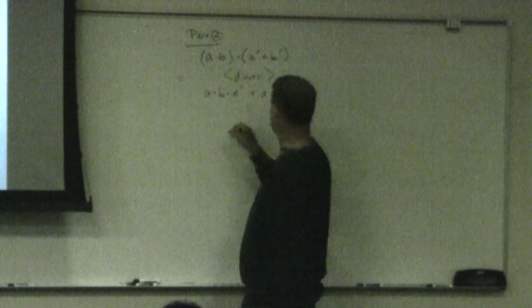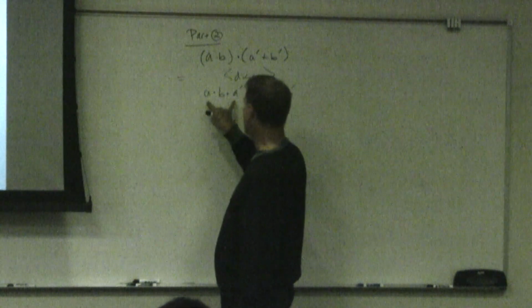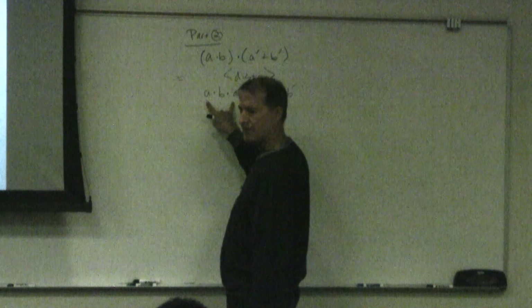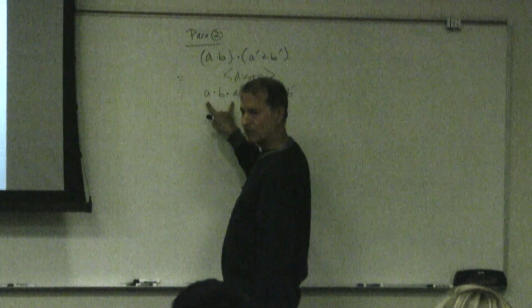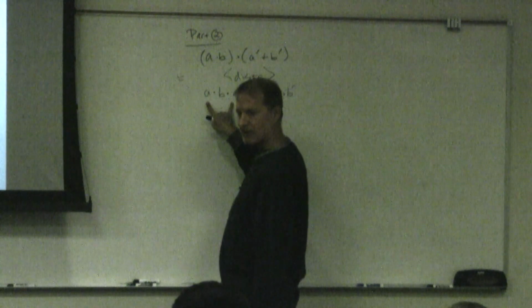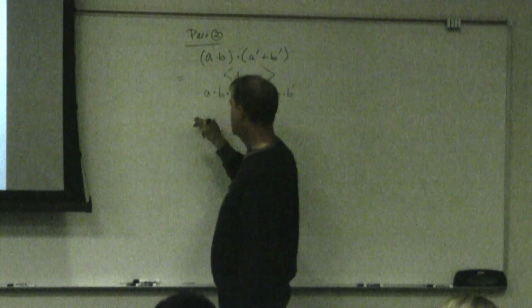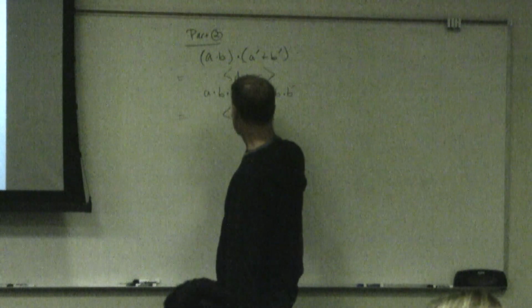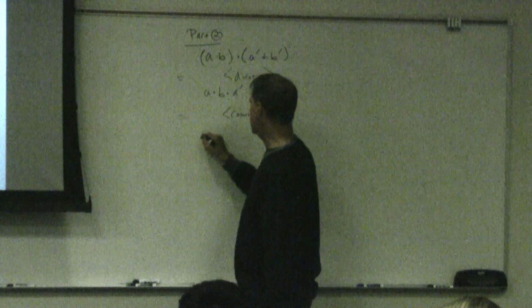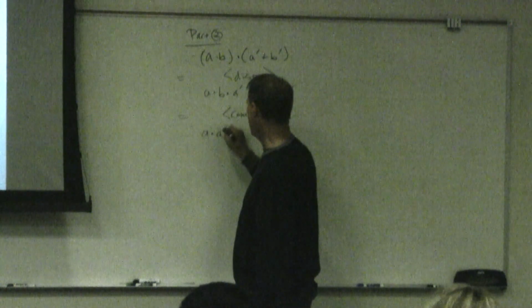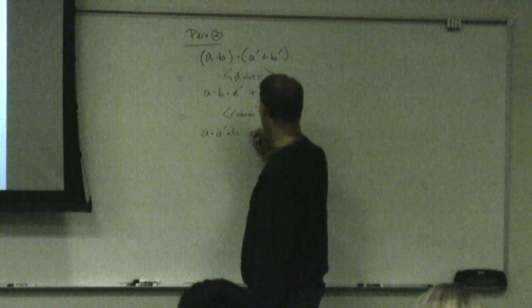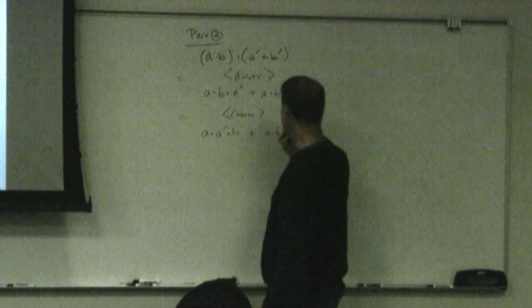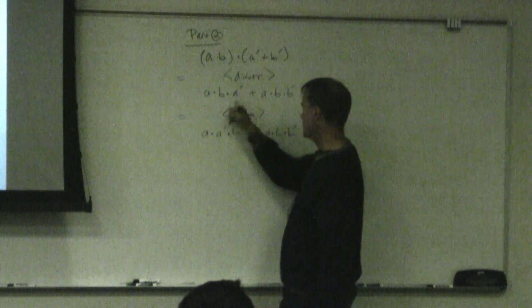And so now, what about the A and the A prime? That's going to give us 0. So this equals, by commutative, let's get this A and A prime and B, or A and B prime. So let's just get these two together.